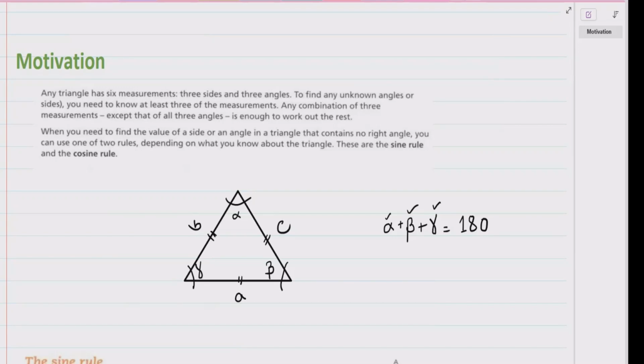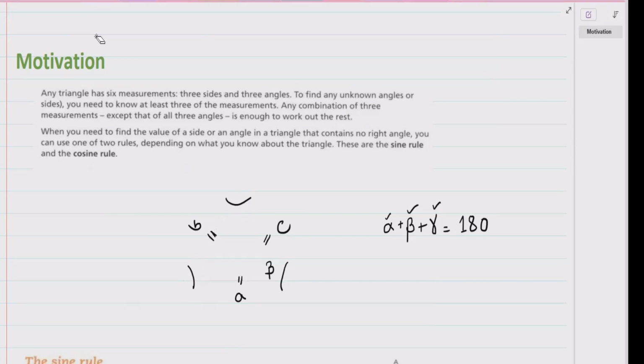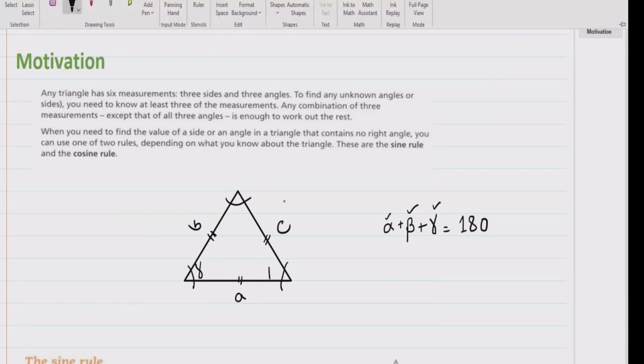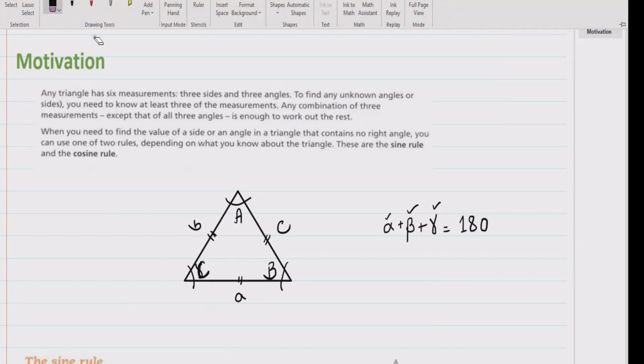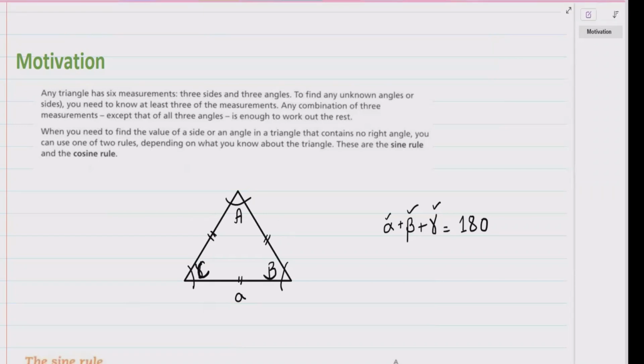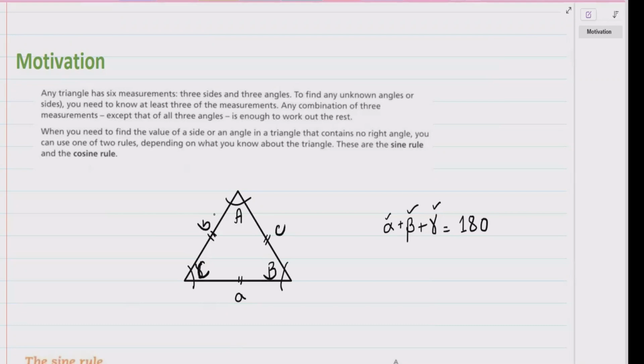Most of the time in the papers, the question comes in a way that instead of alpha, beta, gamma, they say use capital A, capital B, and capital C for convenience, and the sides are small a, small b, small c. In the sine rule or the cosine rule, it is really important that you use the same names for the angles and the sides.